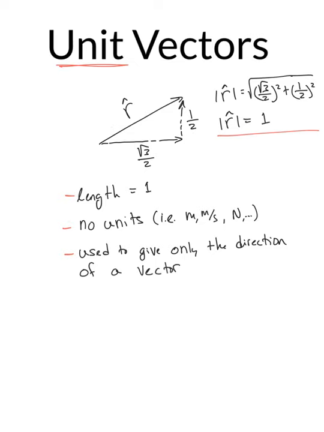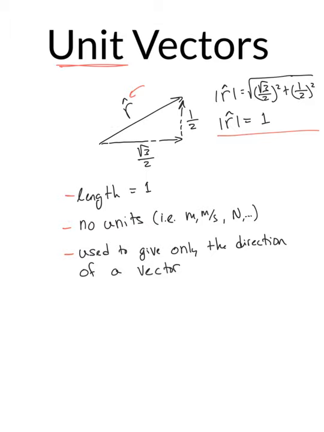It has no units on it, so it satisfies our r hat requirements, our definition of being a unit vector. The hat symbol here above the r indicates that it is itself a unit vector.